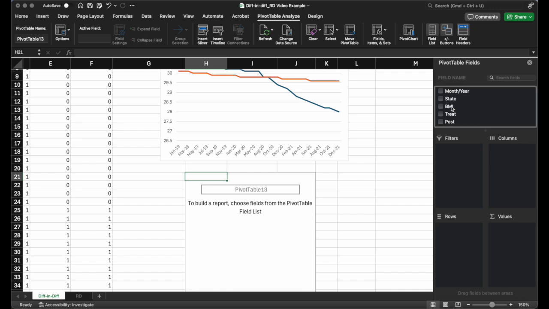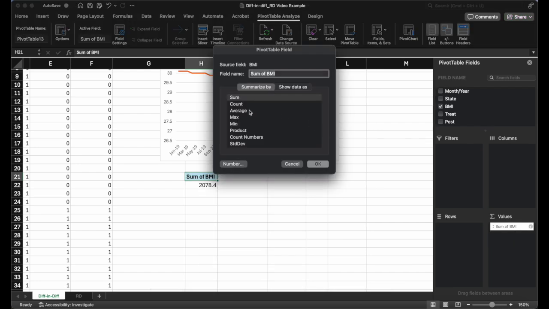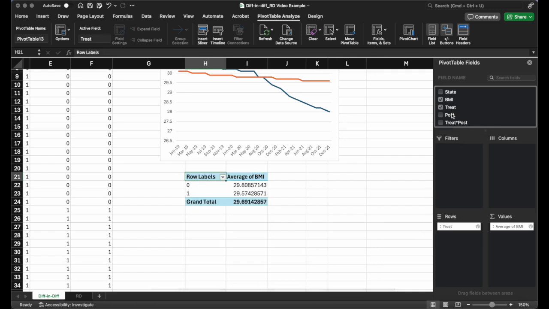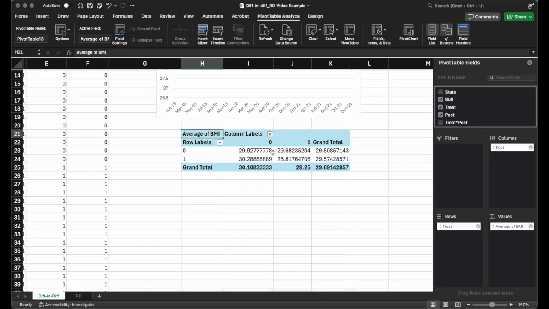If we remember, I want average BMIs. That's what I want for each of these groups. So I'm going to put BMI, and I'm going to change this to average, so it calculates the average BMIs. The 2 groups that I want are treatment and post. So we'll put treatment as a row, and we'll put post as a column. Now you can see it provides this little 2x2 table.